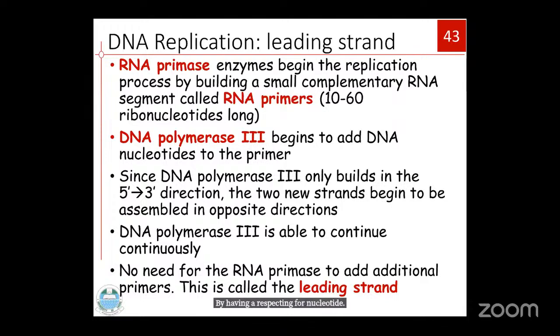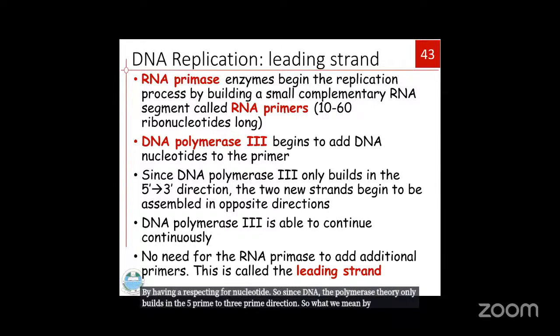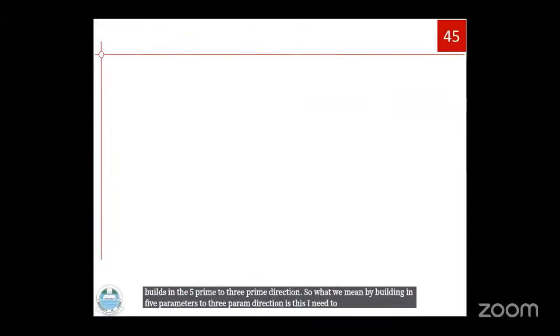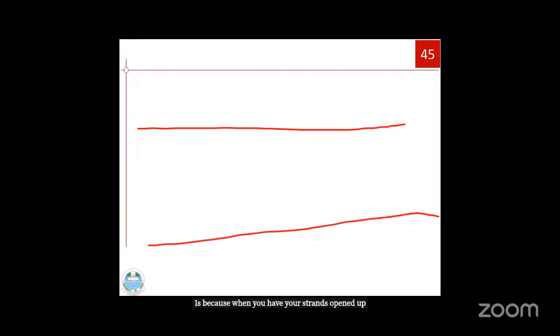Since DNA polymerase 3 only builds in the 5' to 3' direction, what we mean by building in the 5' to 3' direction is this. I need to come back to this slide again. We said DNA synthesis occurs from 5' to 3'. This is because when you have your strands opened up, this is the original strand, 3' to 5'.